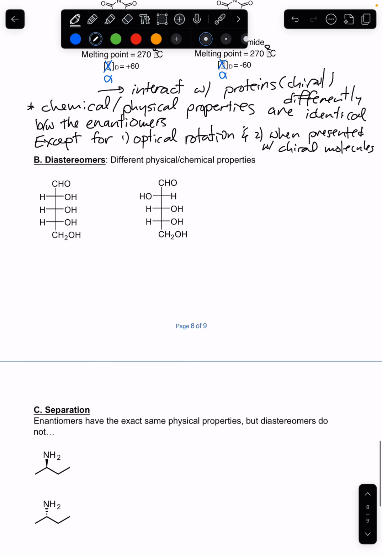Now, diastereomers would have very different properties to begin with, and so that's pretty different. For instance, if you compare these two structures, the one on the left is called D-ribose.